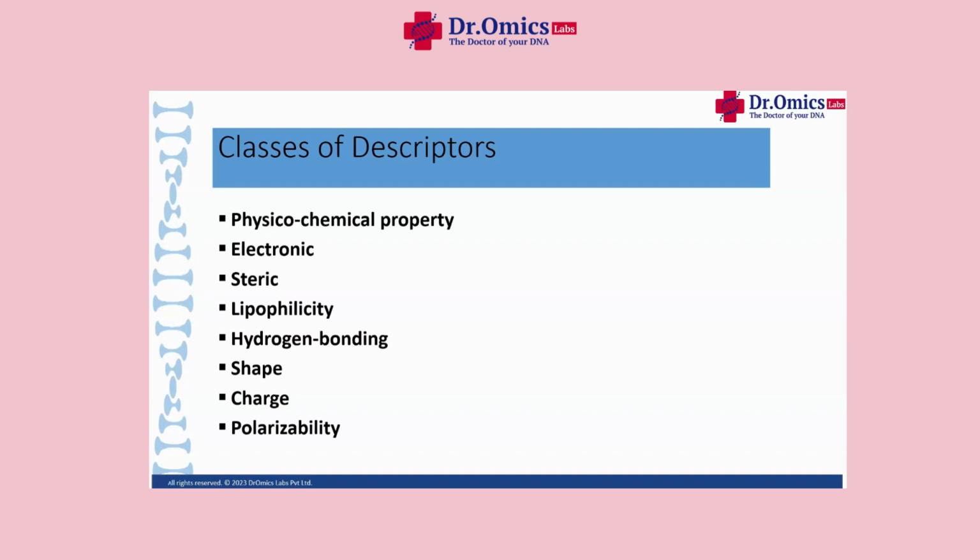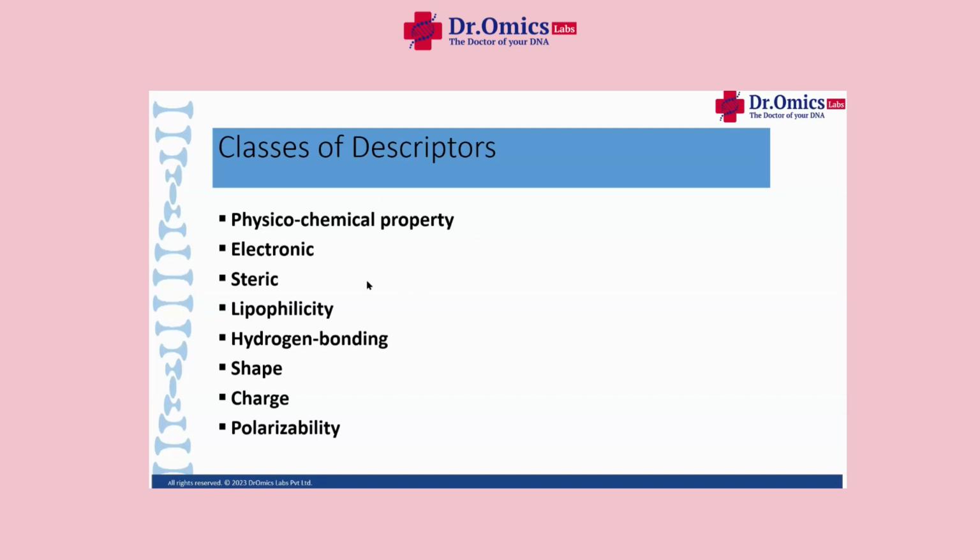When 3D information is there, the electronic, steric, or shape properties of the compound will all be considered. And in 4D, it is in terms of conformation, which becomes your 4D molecular descriptor. On these bases, the descriptors are classified.